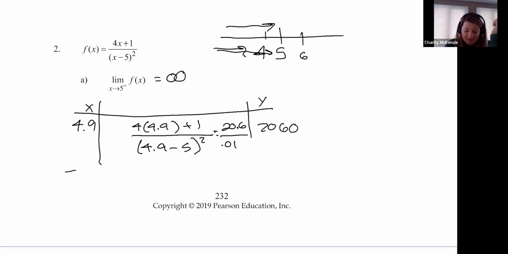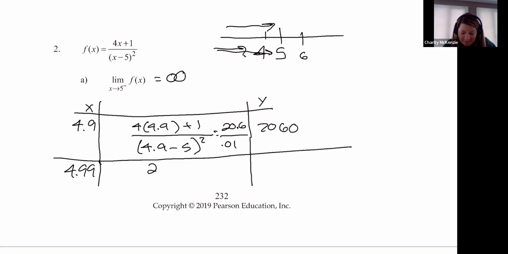Okay, so I can put in 4.99 and double check that and see how close it's getting as well. So 4 times 4.99 plus 1 is going to give me 20.96. On the bottom, 4.99 minus 5 is a negative 0.01.